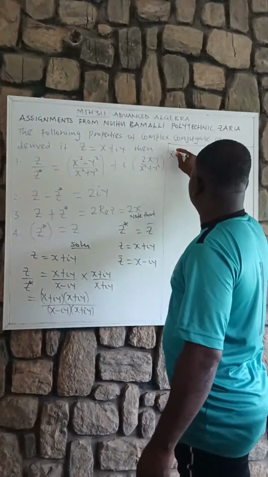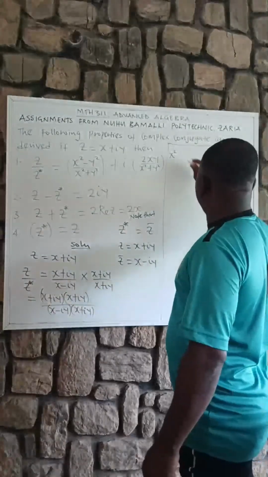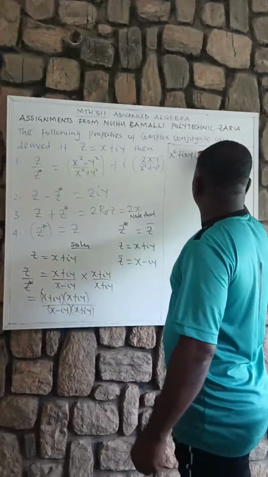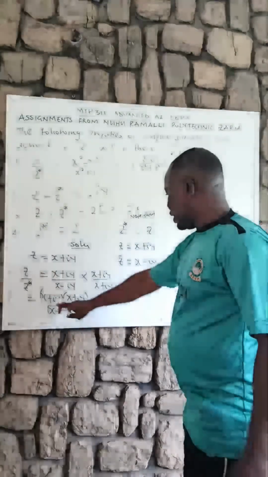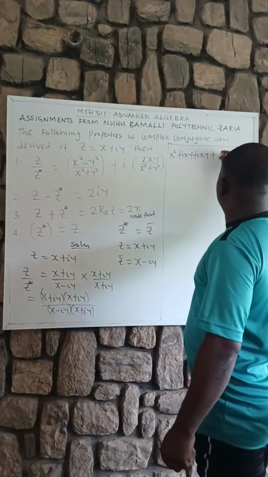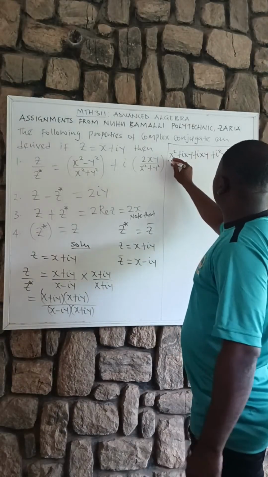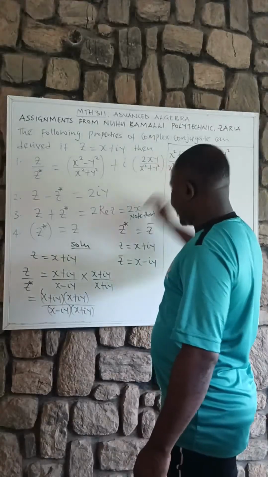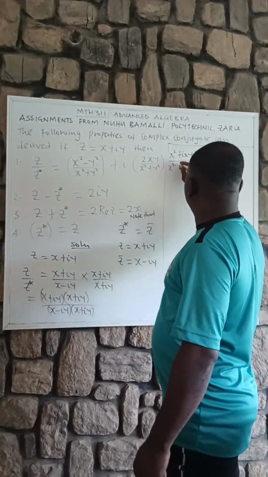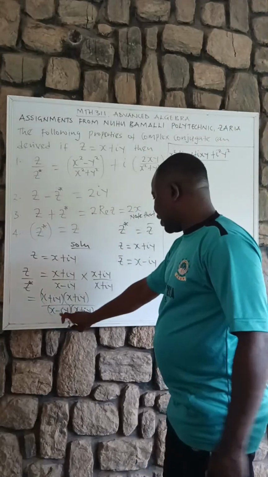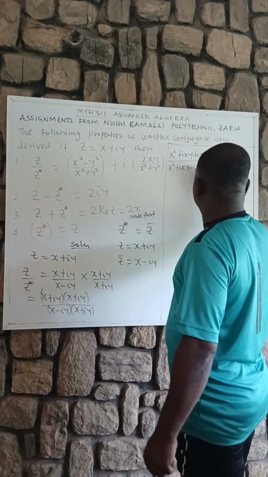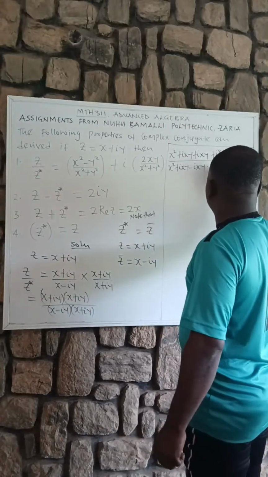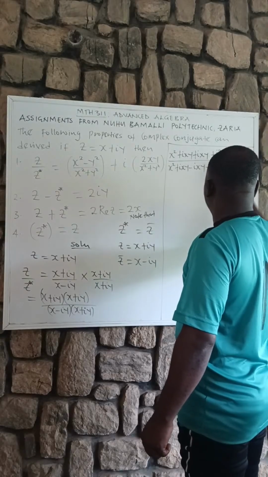We are going to have x squared, then x times iy, we are going to have ixy, then iy times x, we are going to have ixy, then iy times iy, we are going to have i squared y squared, then all over x times x, x squared, then x times plus iy, plus ixy, then minus iy times x, we are going to have minus ixy, then minus iy times plus iy, we are going to have minus i squared y squared.